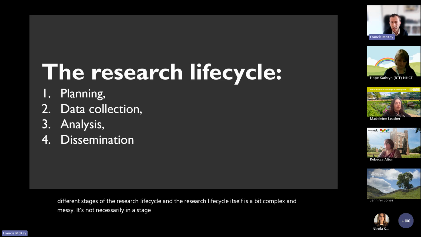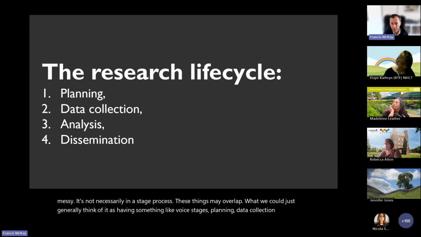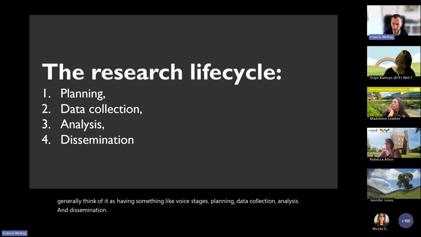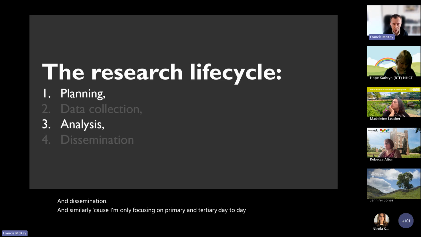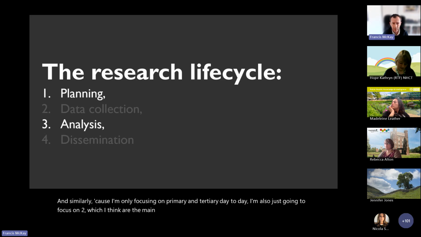These things may overlap, but we could generally think of it as having something like four stages: planning, data collection, analysis, and dissemination. And because I'm only focusing on primary and tertiary data today, I'm also just going to focus on two, which I think are the main ones of interest for people at the moment, which is AI in the planning stage and AI in the analysis stage.